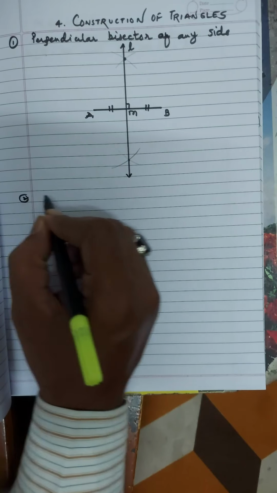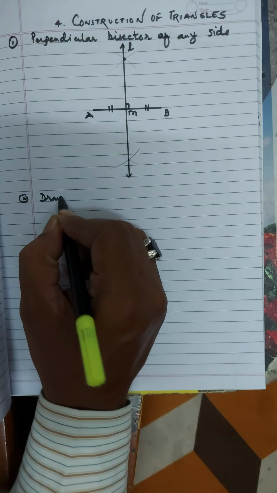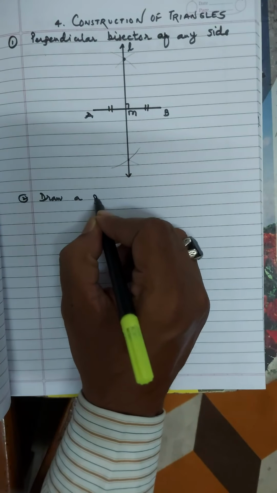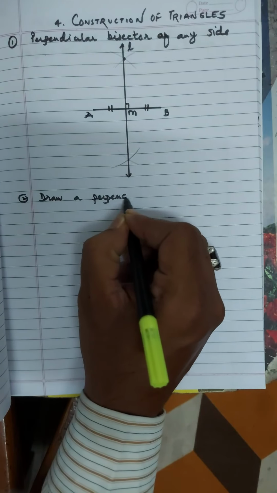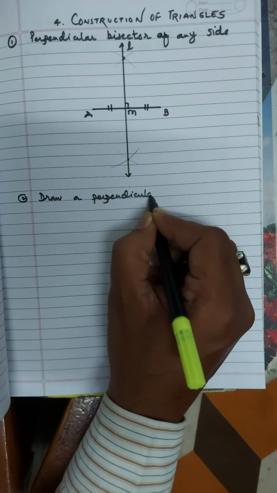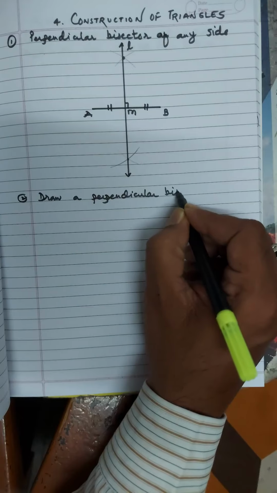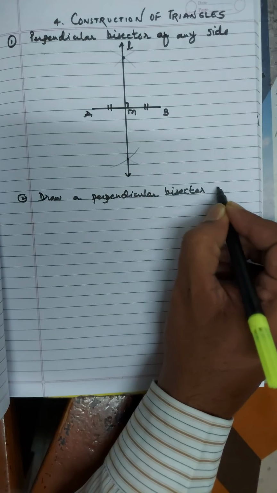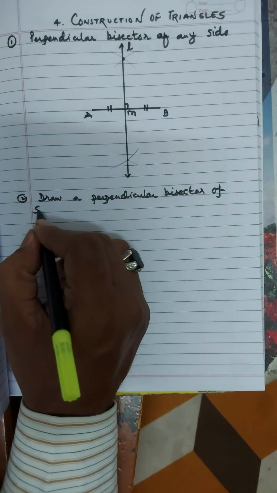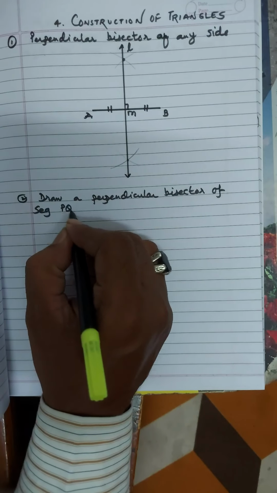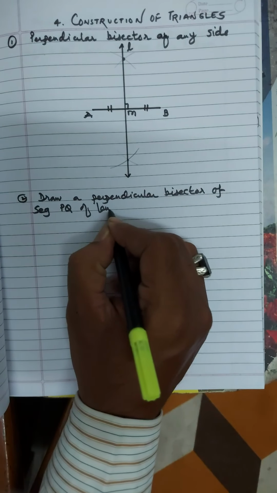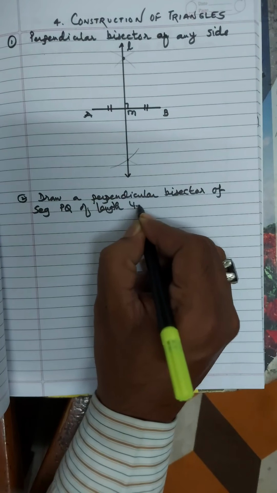Now if the values are given, we have to draw a perpendicular bisector accordingly. Suppose an example: draw a perpendicular bisector of segment PQ of length 4.5 centimeter.